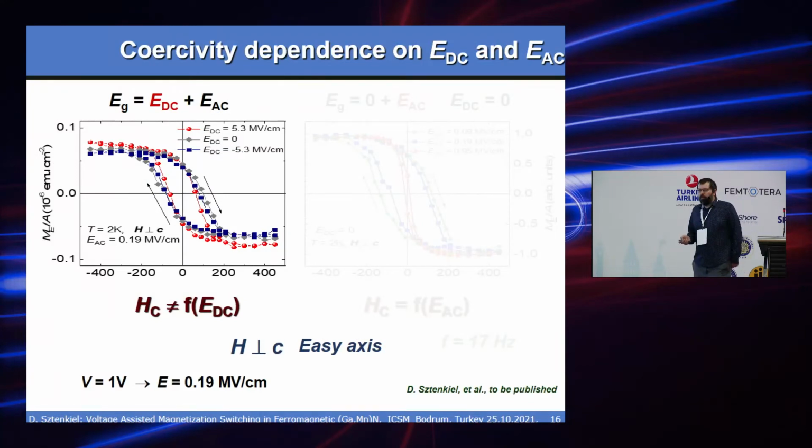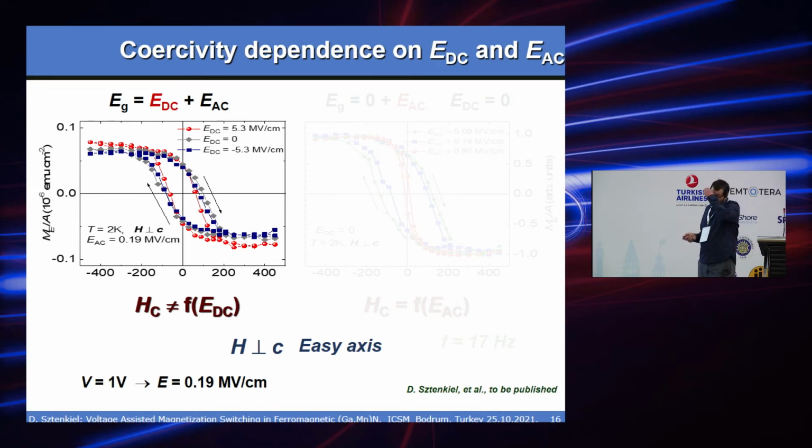So we were interested if it's possible to control coercive field by electric field. In order to answer this question, we measured the magnetoelectric signal for a few different DC electric fields or DC voltage, and we see that the coercive field practically does not depend on the DC electric field.